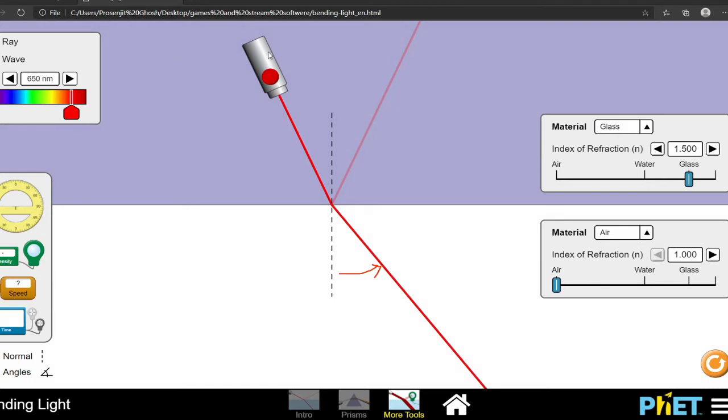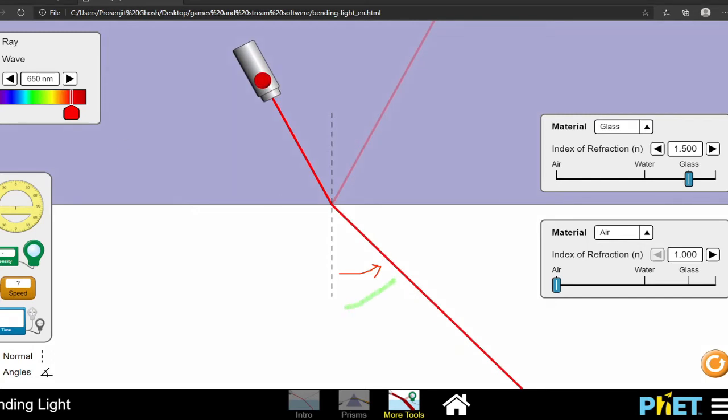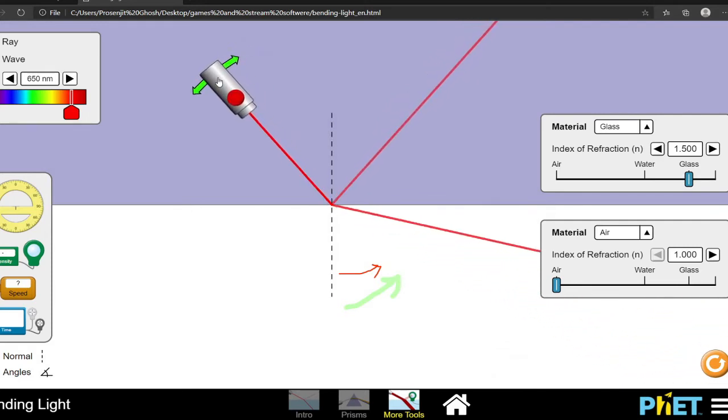But if you increase the incident angle more, see the light is actually moving more away from the normal. Let's increase it more, and I'm finally increasing. As you can see, the light totally bent away.